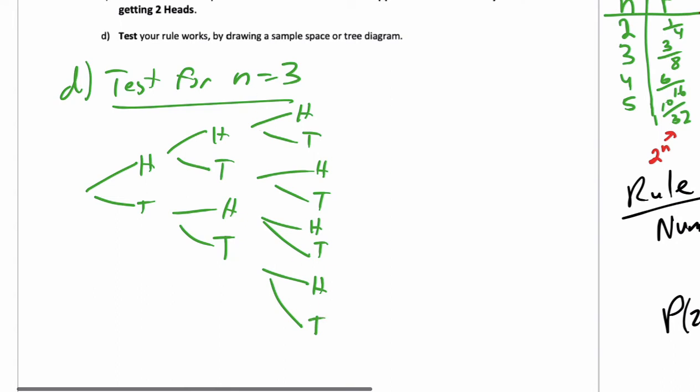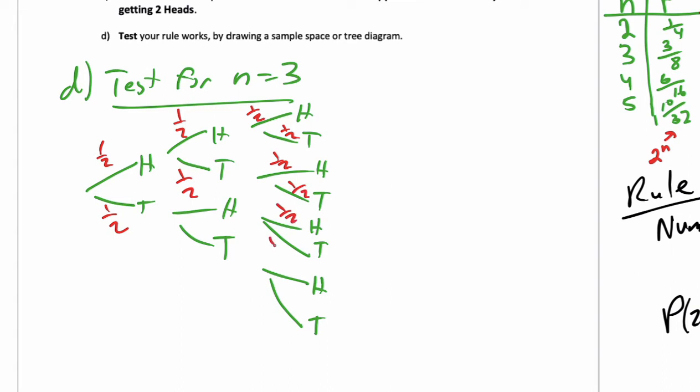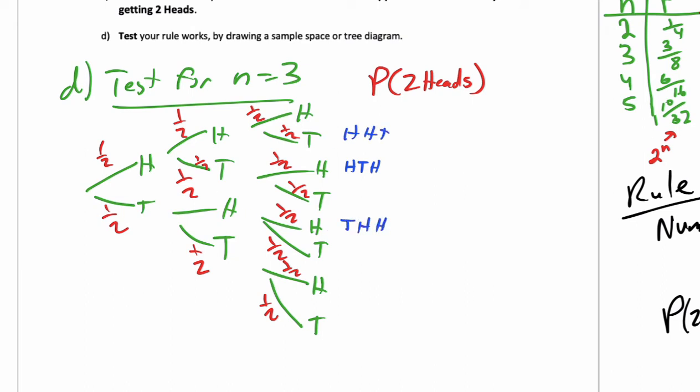All the probabilities are half. So that's a lot of writing. Okay, so the probability of 2 heads from the tree diagram is this branch, heads, tails, heads, or this branch right here, heads, heads, tails, or this branch right here, tails, heads, heads.